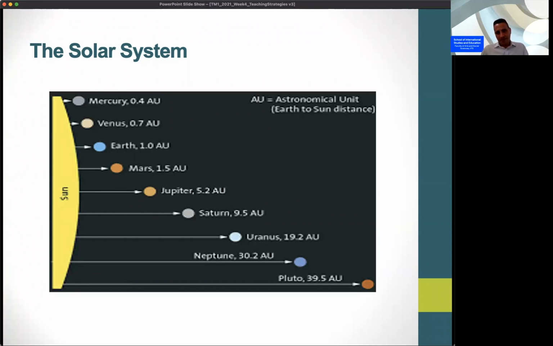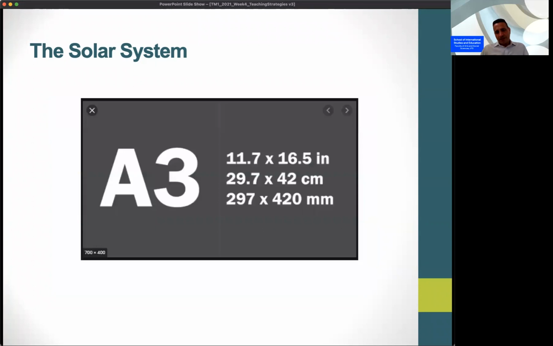The A3 sheet of paper has dimensions of 297 millimeters by 420. What I do with my students is I cut up an A3 sheet of paper into strips. Each strip is the length of the A3 paper, but it might only be 1 to 2 centimeters thick.